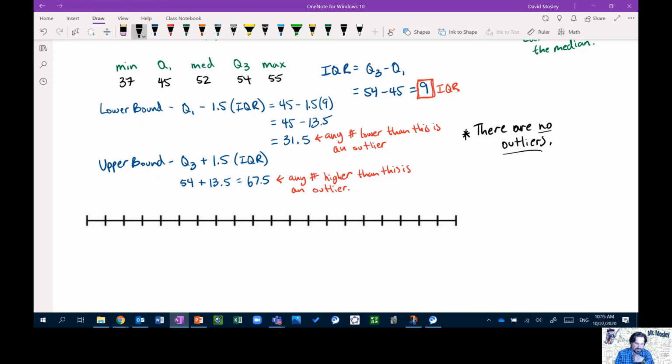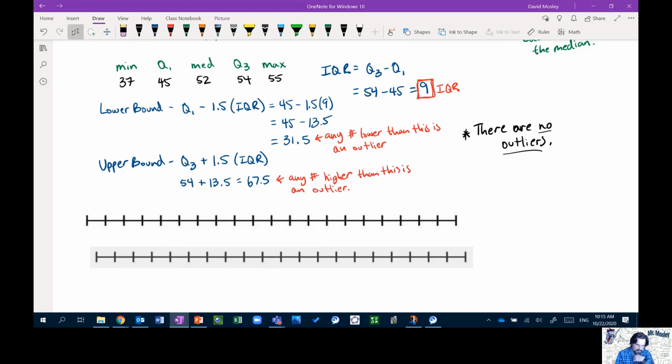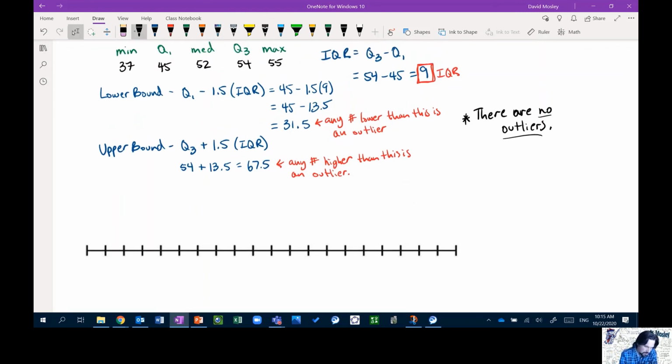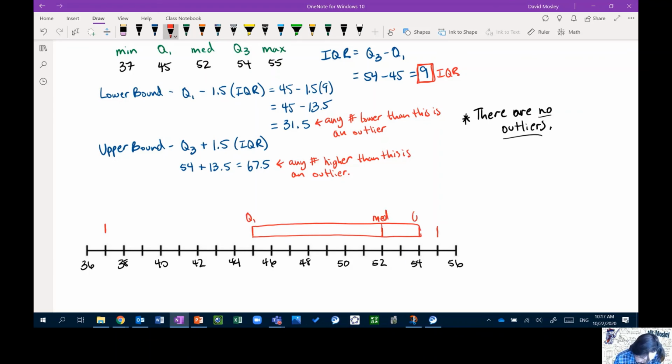Now, the last thing we want to do is make our box plot. We got min, Q1, median, Q3, max.